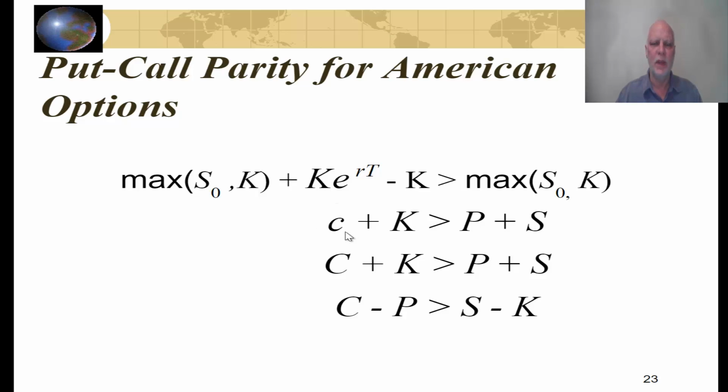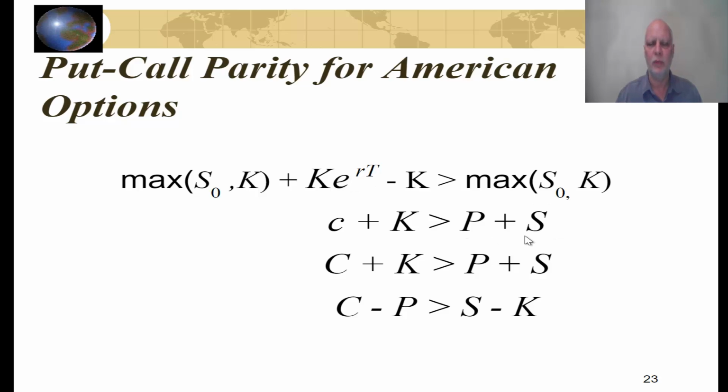On the day of expiration, the call option is going to equal the maximum of S when exercised minus K, the amount of money you would have to invest to exercise the option, or otherwise the maximum of S naught minus K, comma 0. The amount of money K, the strike price, will grow in value up until the day of expiration to K e to the RT.